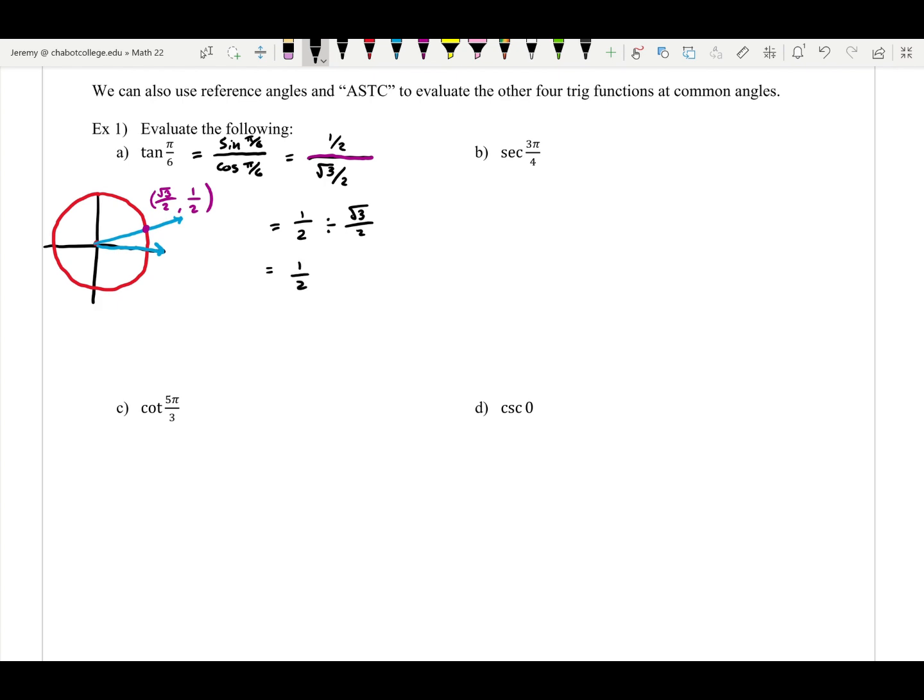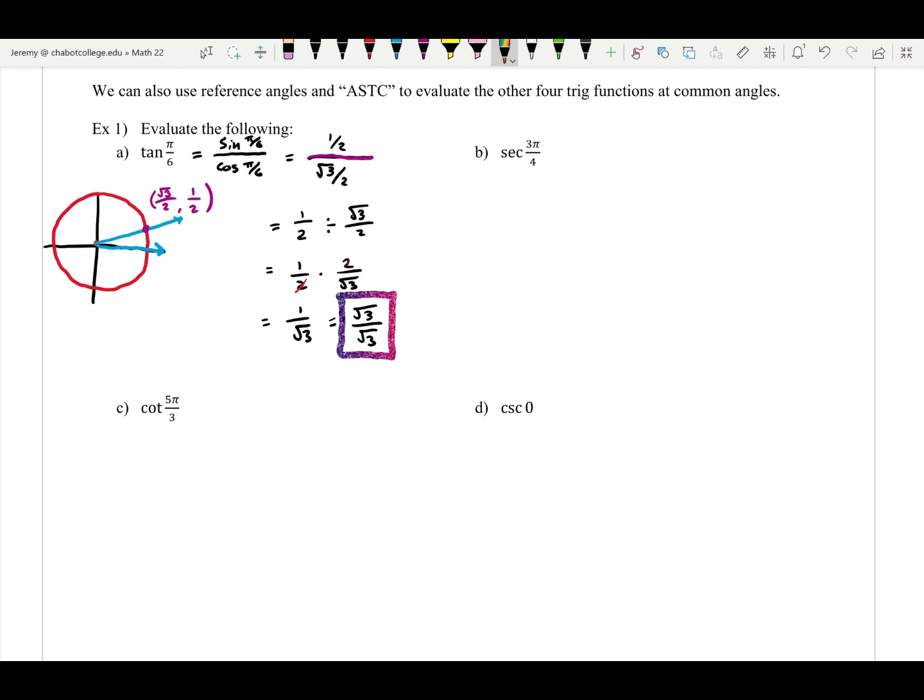So this is 1/2 times 2 over root 3. And multiplying, we multiply straight across. We have a common factor of 2. Those cancel out, and we just get 1 over root 3. Or if we want to rationalize that denominator, this is root 3 over 3. And I will put a box around that.